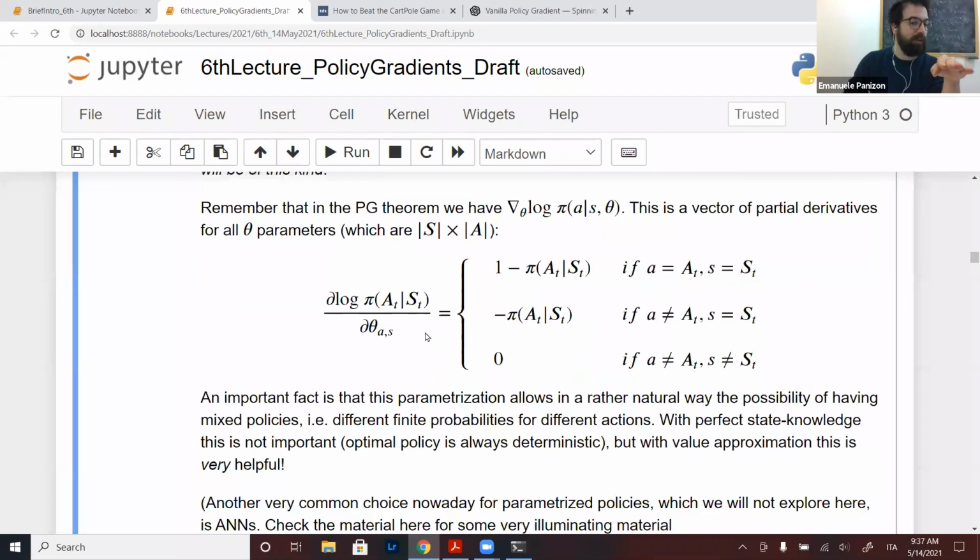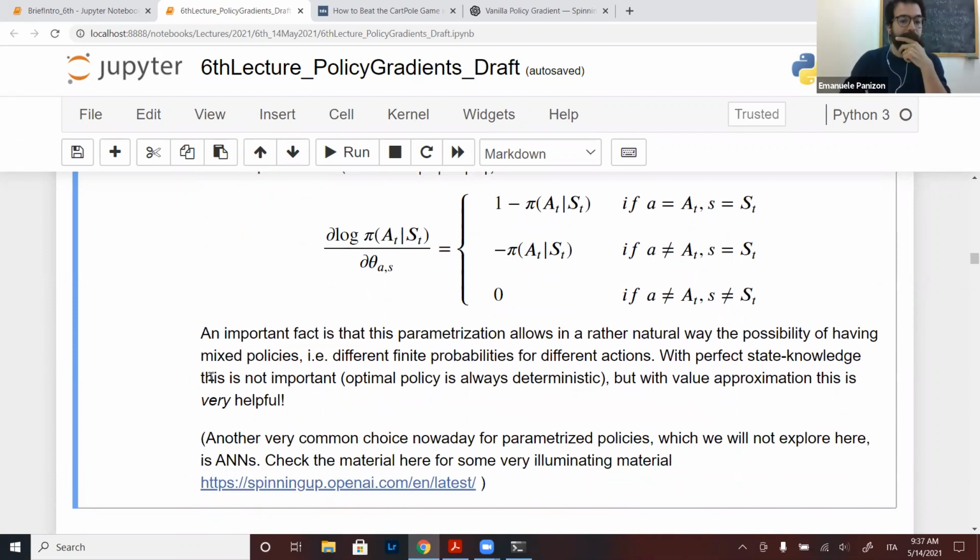Okay, it's not universal. It's something which shows us that using this policy is convenient, because something which may have scared before, this term here, actually we can write it down very easily. Okay, and again, I want to point out that these kind of policies have a natural way to end up into policies with finite probability for different actions, and stay there to converge to finite probabilities for different actions.